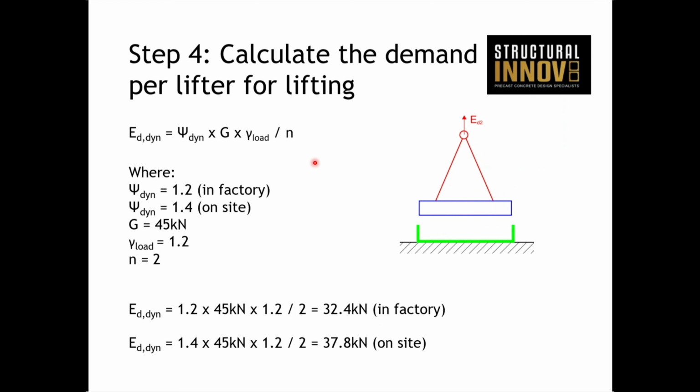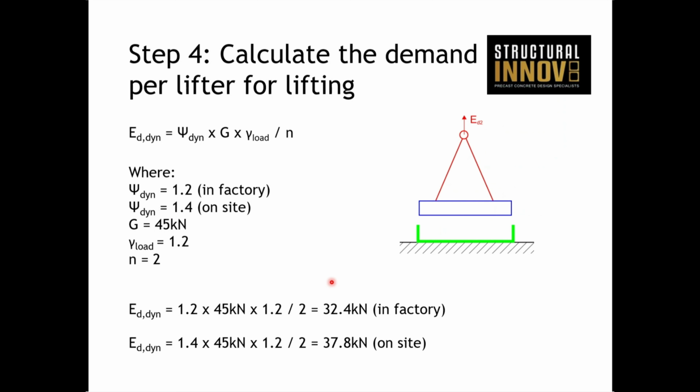So when we look at the second demand check that we need to do, which is for lifting. Once the adhesion is broken, we need to lift out of the mold, and that basically introduces the dynamic lifting coefficient. So as I said, we have 1.2 in the factory. It's a more controlled environment. We're using a gantry crane. On site then we're using a mobile crane, which is going to be 1.4. So we're calculating both of them here.